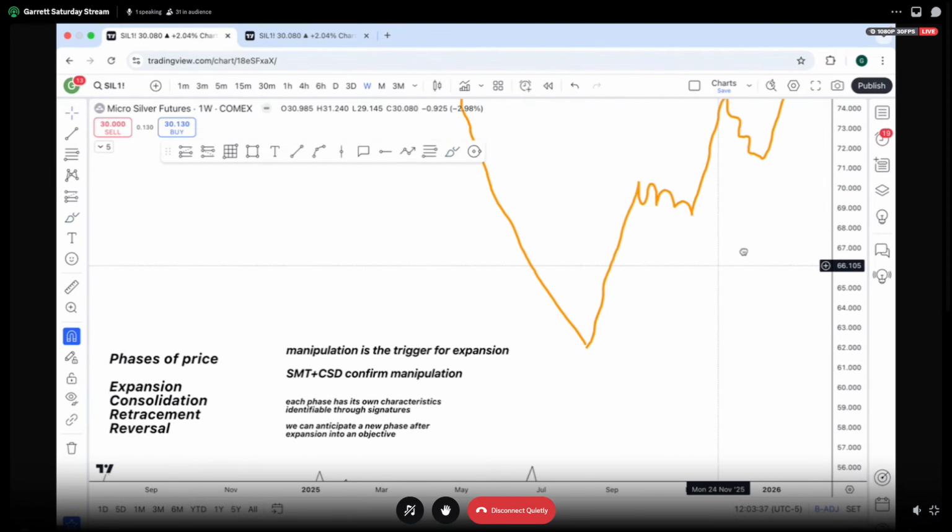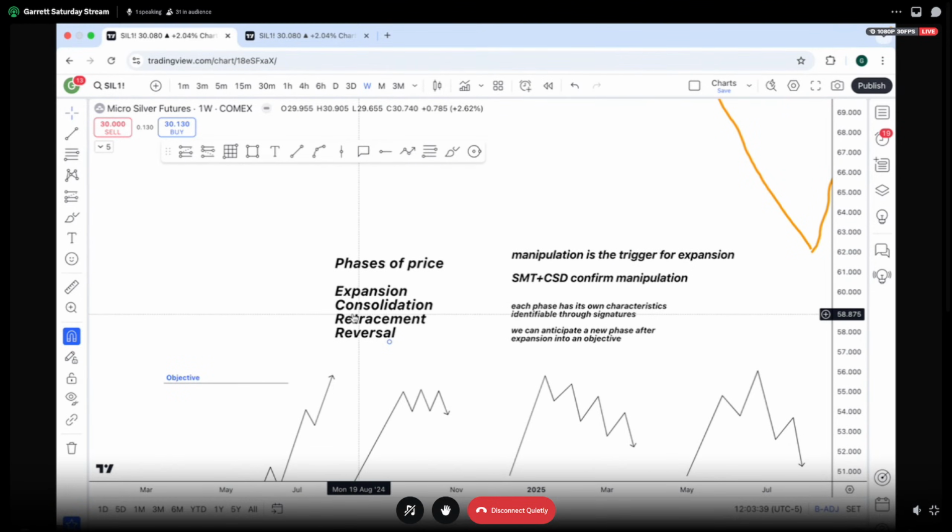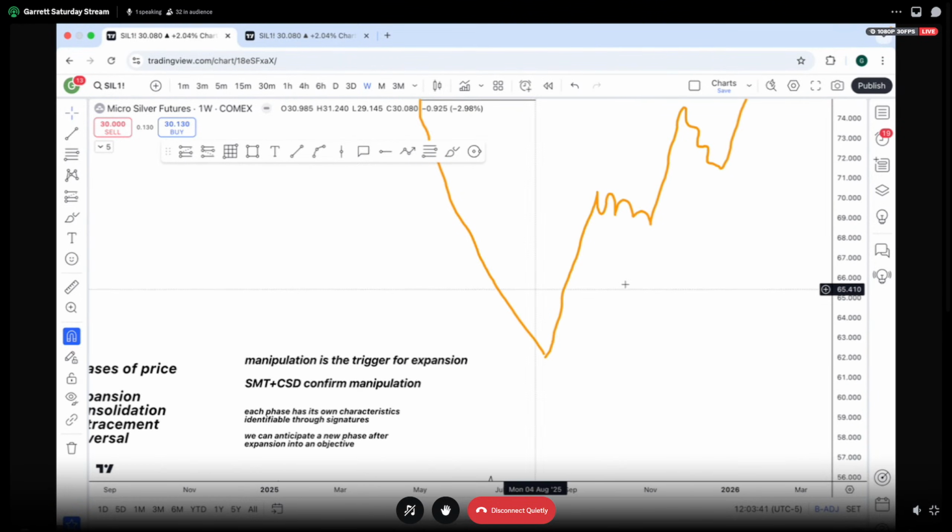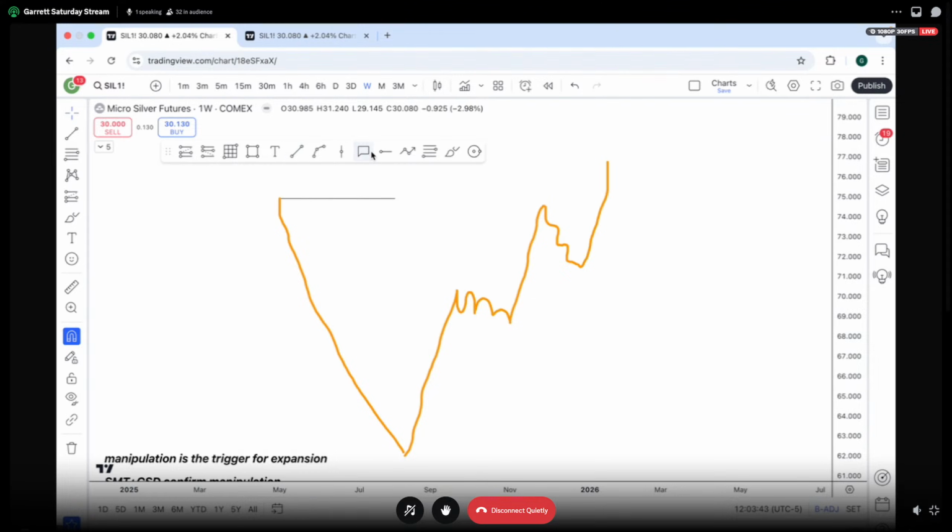Retracement and consolidation are both continuation signatures, meaning it's not going to reverse from this low resistance, this accumulation, right? All this low resistance that's built. Price doesn't typically reverse from low resistance. We usually create some sort of high resistance and then expand towards these highs, right? So they're looked at as continuation signatures.